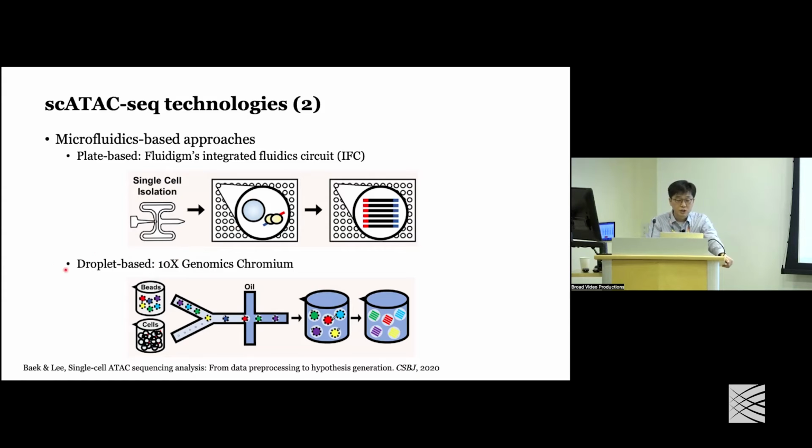The second approach is a droplet-based approach where each droplet is designed to capture a single cell and also contains the unique barcodes in it. As you can see here, the beads containing the unique barcode flow through this channel, and cells flow through this channel, and statistically just once in a while they combine together, and a single cell is supposed to be captured with one bead at a time.